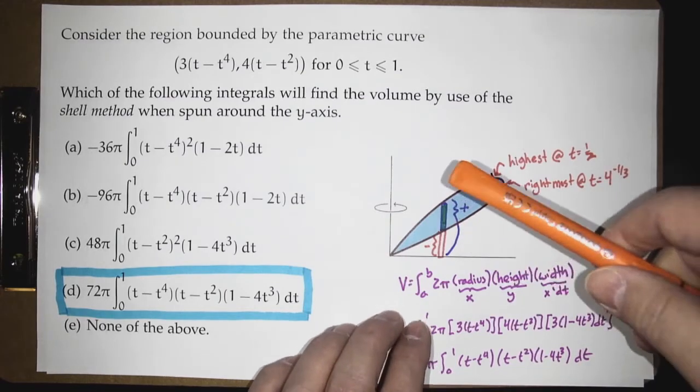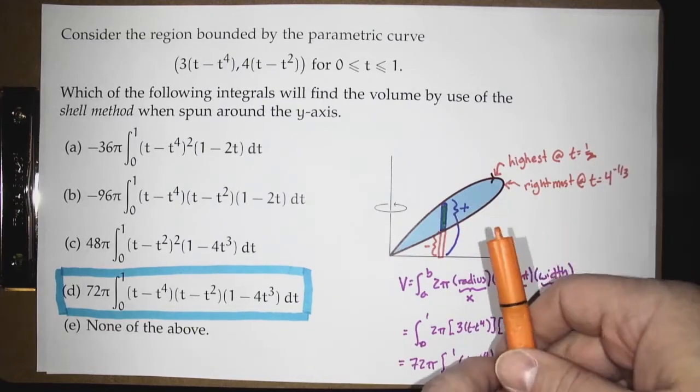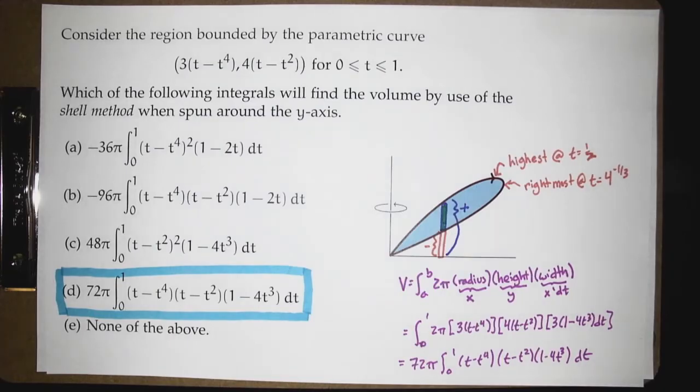So, by knowing where you spin and which method, you know how to slice. You know whether it's horizontal or vertical. And we need to have it be these vertical slices so that when you spin, you're going to form a shell. So we say, okay, we know we're slicing vertically.